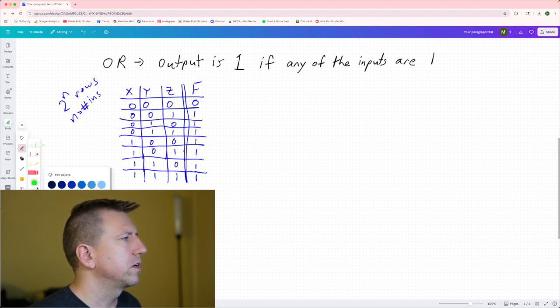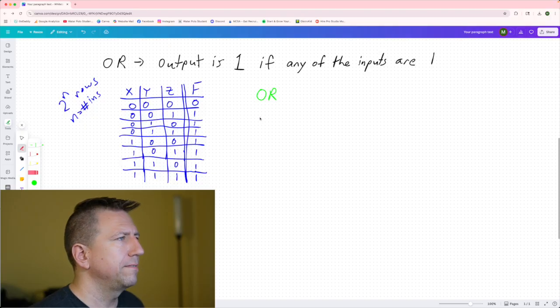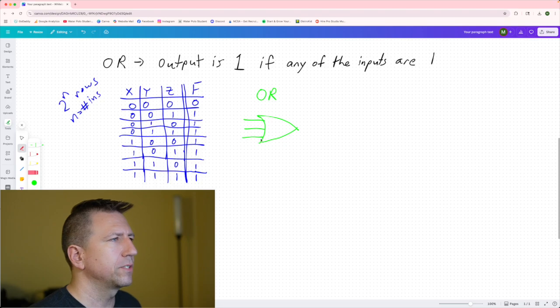So let's go ahead and draw the gate diagram for this. So in this case, for an OR gate, we have an edge here that's concave, and then we have curving lines that go to our output like that. And you want to make sure that this is not a straight edge so we can distinguish it, and that this is not rounded like the D shape that we had for the AND gate.